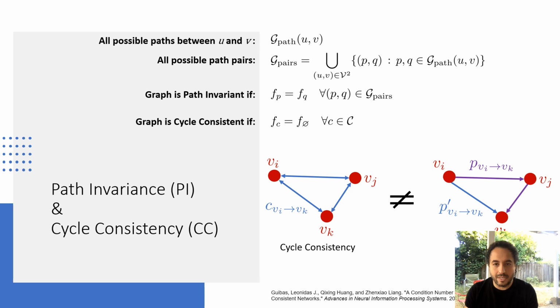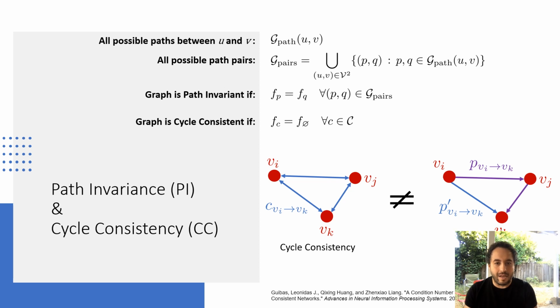I will denote it as G_path(u,v). And let's say all possible path pairs. So if I were to take all the pairwise combinations of the paths, such that there is a path P and a path Q between u and v, and I unite all those, that's all possible path pairs. I will say G_pairs for that.